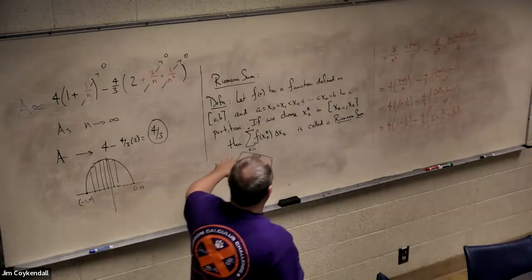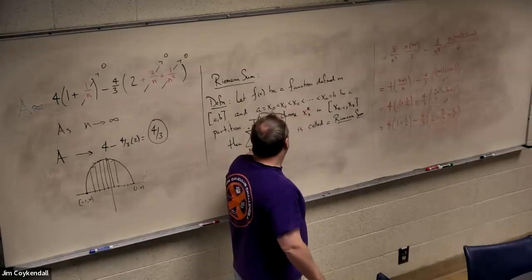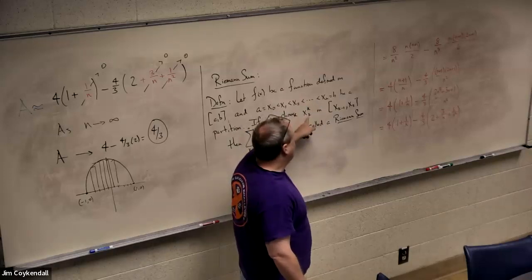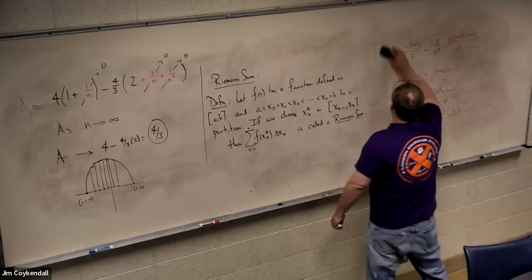Notice this is a more general thing than what we chose. With the parabola example, each of these points was evenly spread out, and xk star was just chosen at the right endpoint.